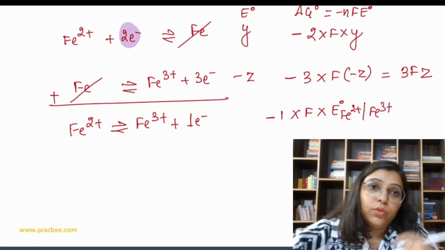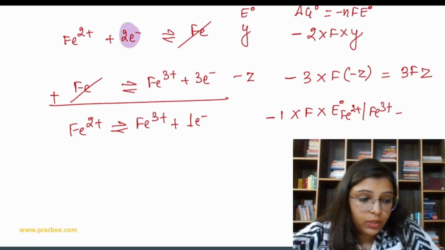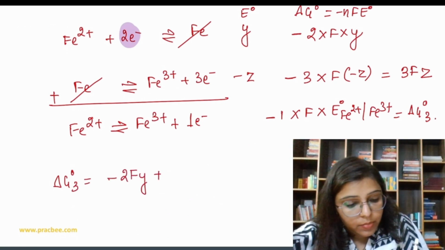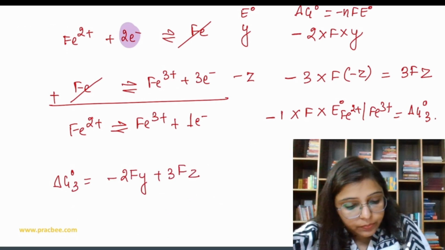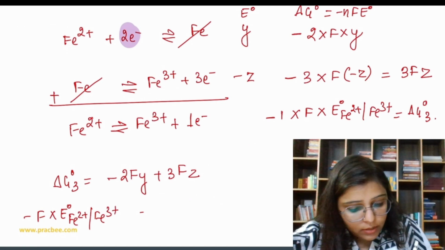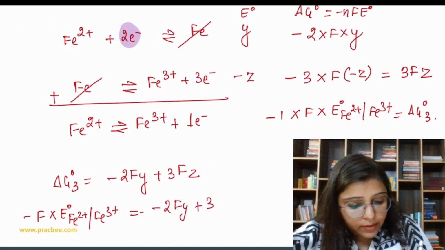Suppose this is delta G naught 3. So delta G naught 3 is equal to minus 2Fy plus 3Fz, and also minus F into E naught of Fe2 plus to Fe3 plus.